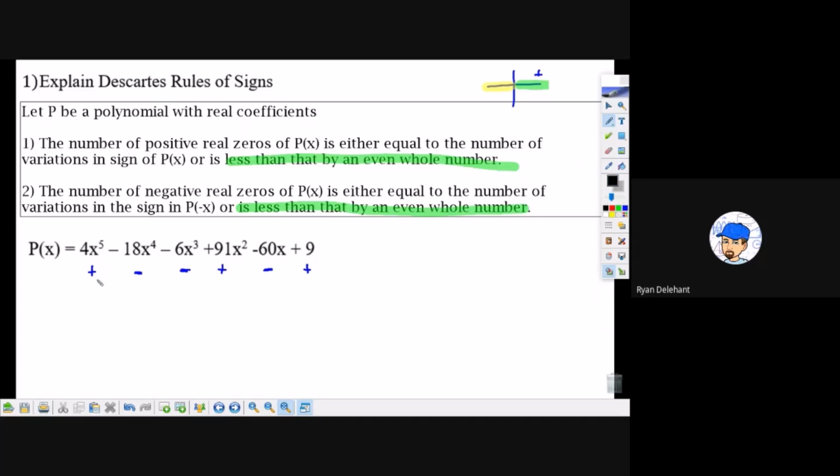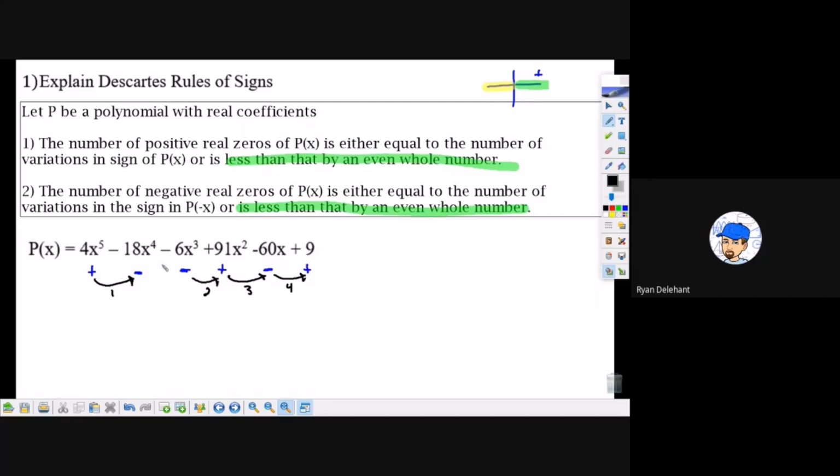What we're counting is when we go from one to the other. So there's one sign change. Negative to negative is not a sign change. Negative to positive is another. Positive to negative is another sign change. And then negative to positive. So we have 1, 2, 3, 4 sign changes.